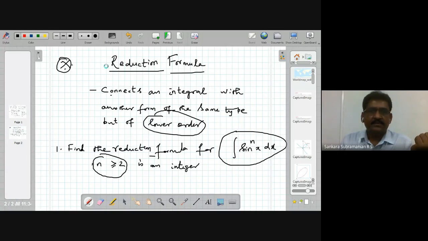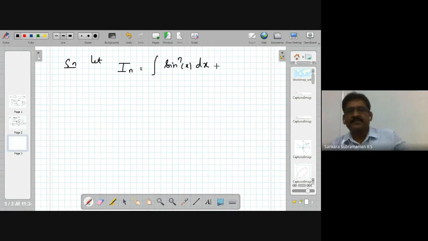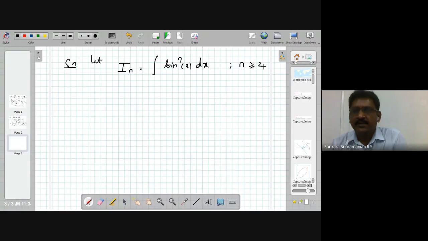So to start with the reduction formula, let In equal the integral of sine power n x dx, defined for n greater than or equal to 2.